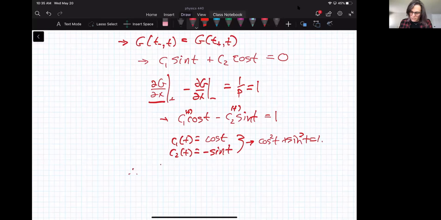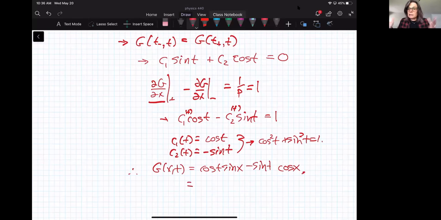That means that we have g of x,t, on the plus side, equal to cosine t sine of x minus sine t cosine of x. But we can use an angle identity.